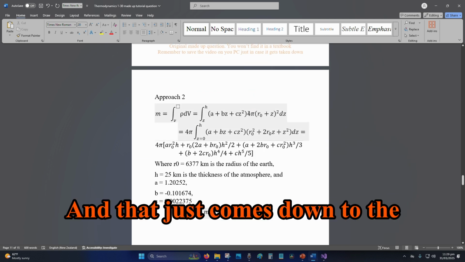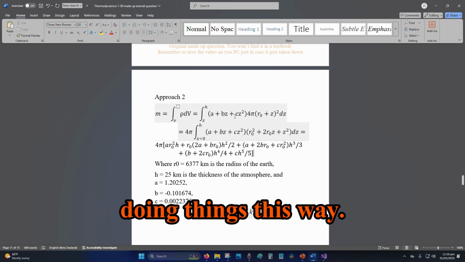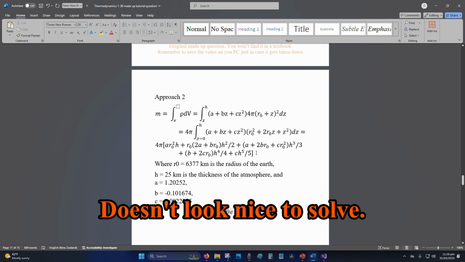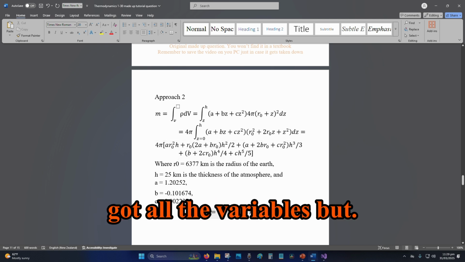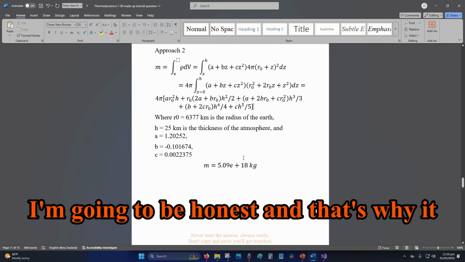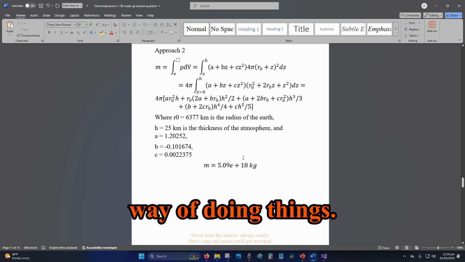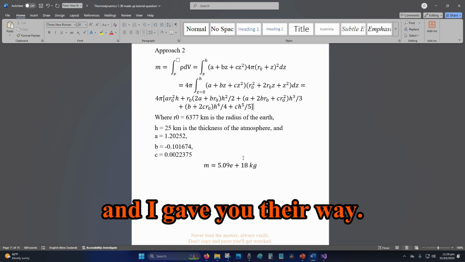And that just comes down to the exponential versus the quadratic way of doing things. This way doesn't look nice to solve. It can be done because you got all the variables, but yeah, it looks pretty terrible, I'm going to be honest, and that's why I dislike the professor way of doing things. So I gave you my way and I gave you their way.